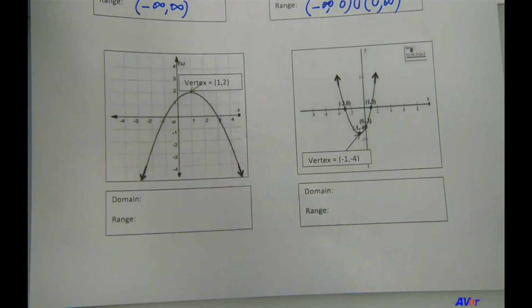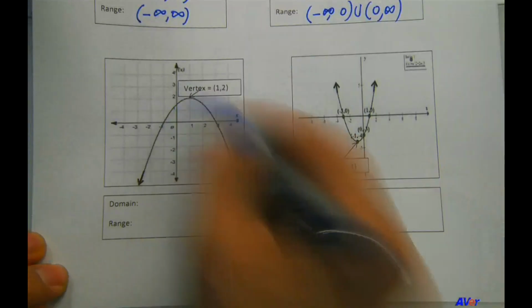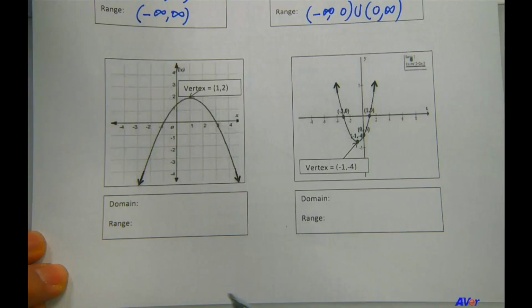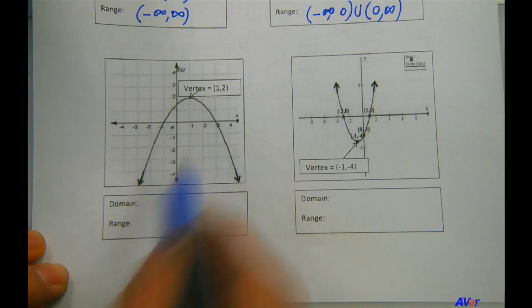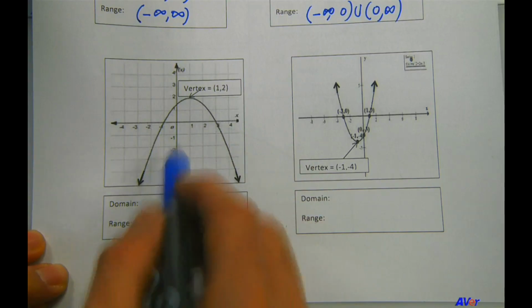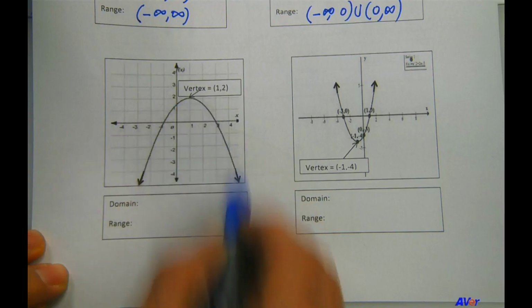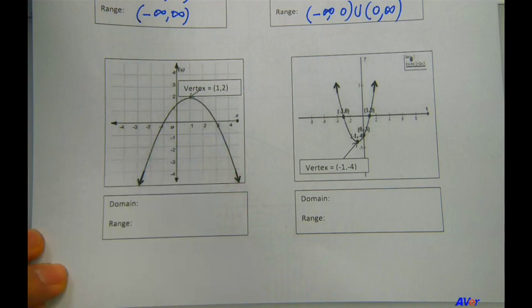So the next two graphs, this one is an upside down quadratic function, right? So to find the domain, you need to force your eyes to look at this behavior only with respect to the x-axis.